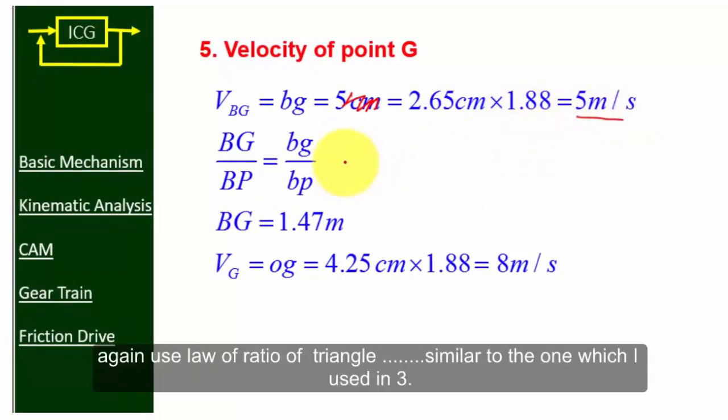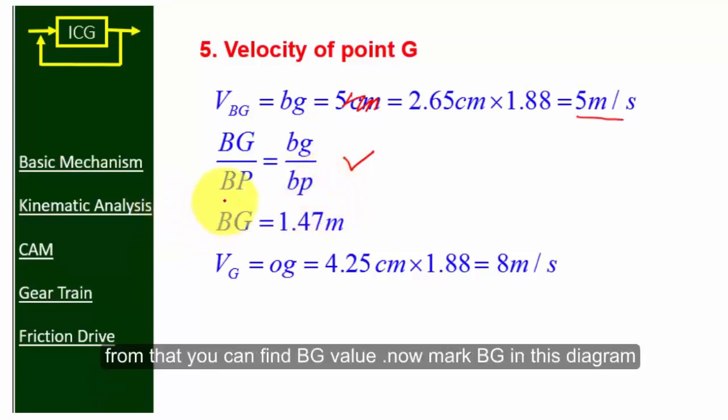Again use the law of ratio of triangle. PG by PB equal to small pg by small pb, similar to the one which I used in subdivision 3. From that you can find the PG value. PG equal to 1.47 meter.